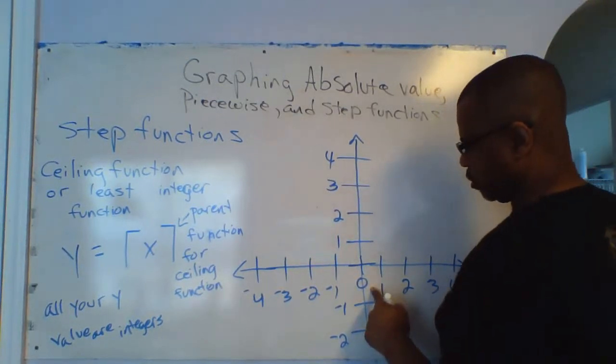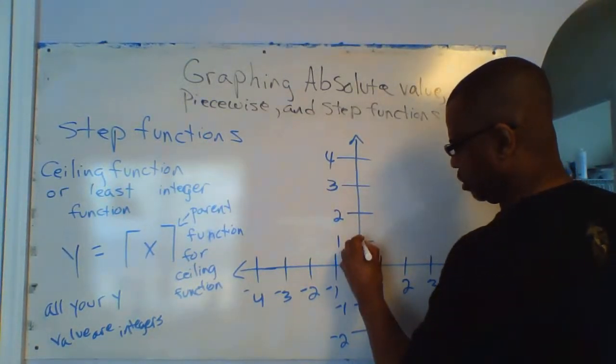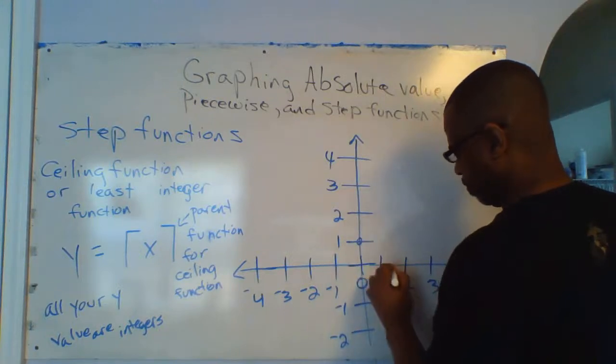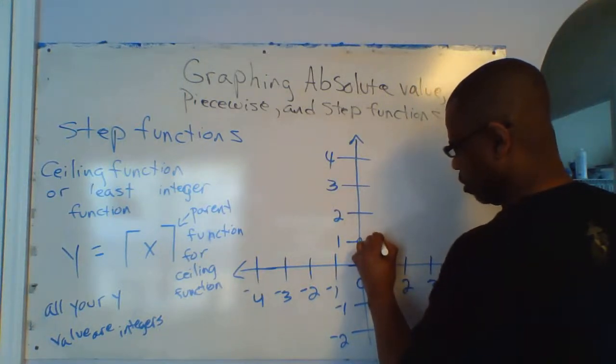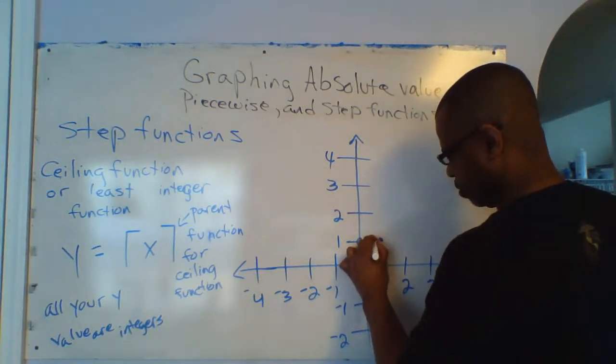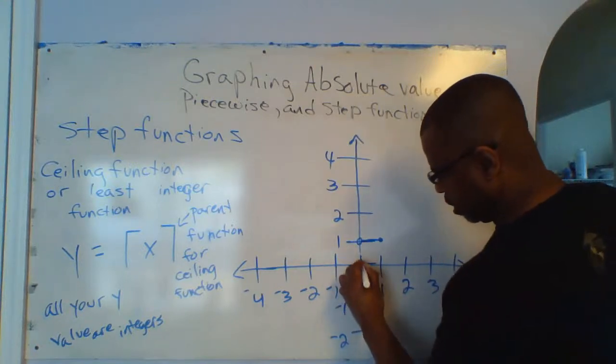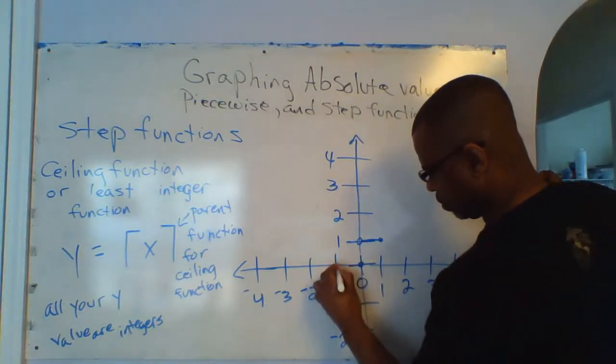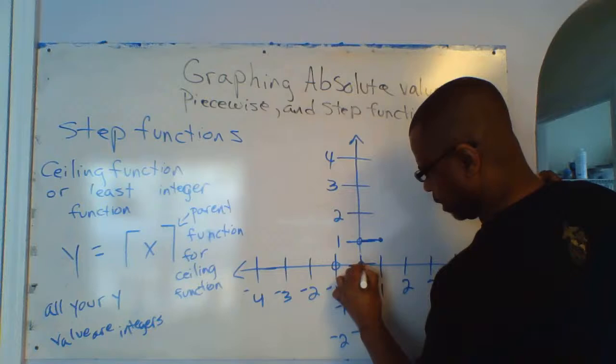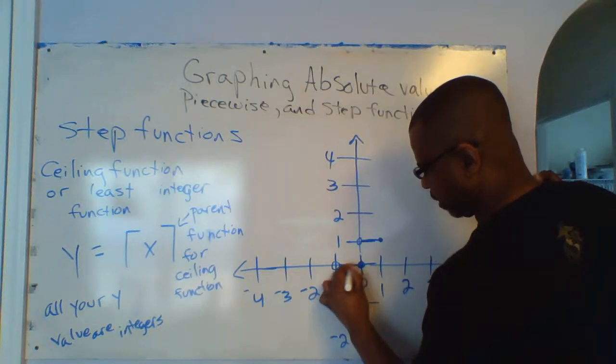So if I do zero, this should be open. This should be closed. And then here, this should be closed. And this should be open. And I'm going to explain why in just a second.